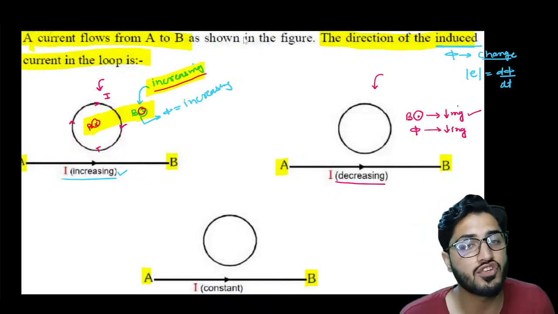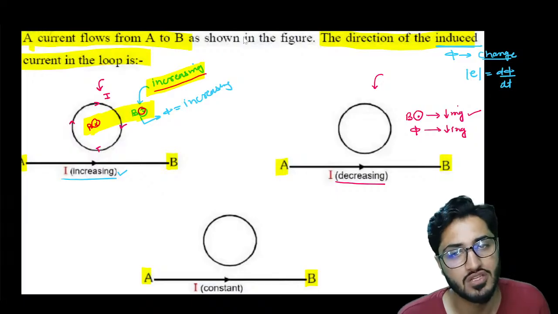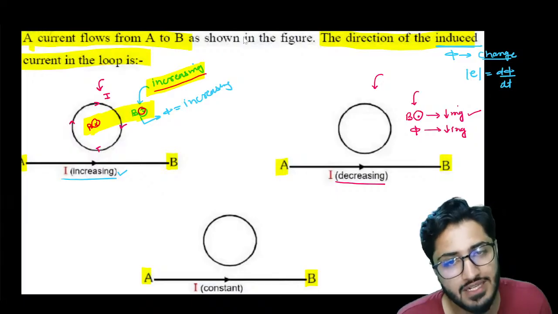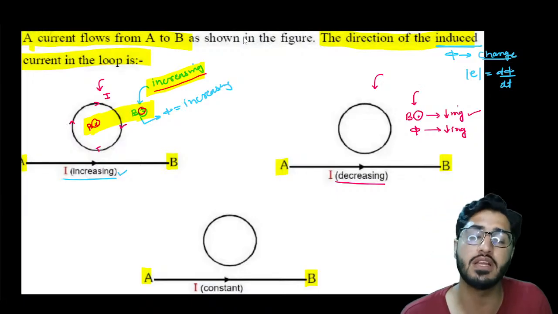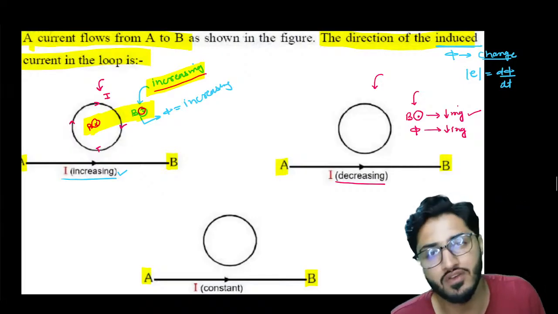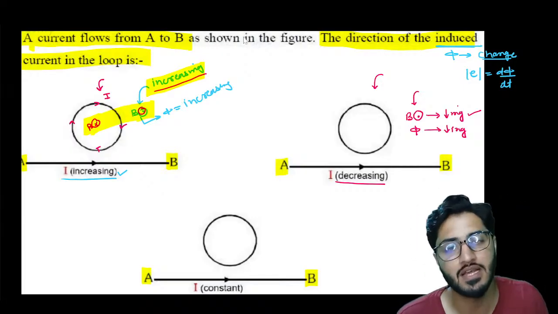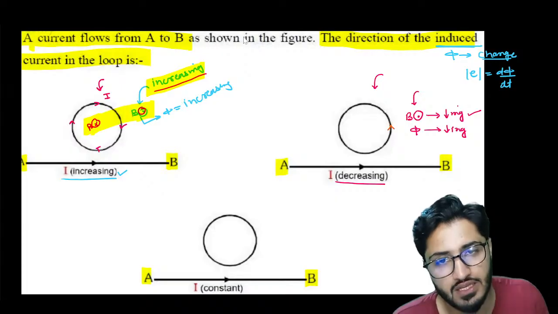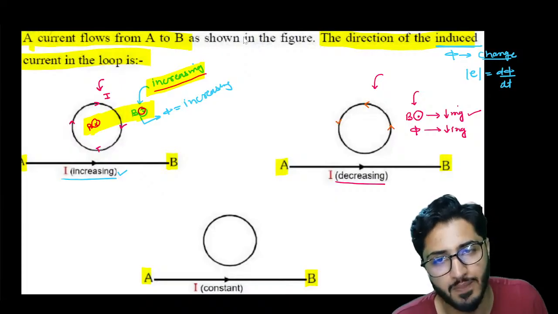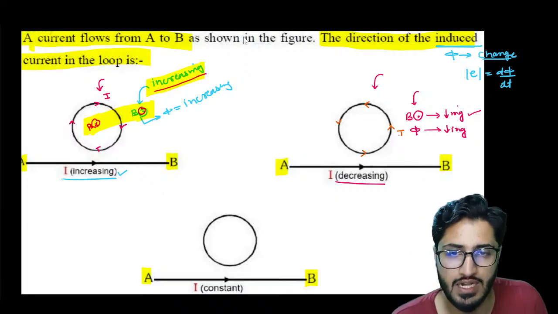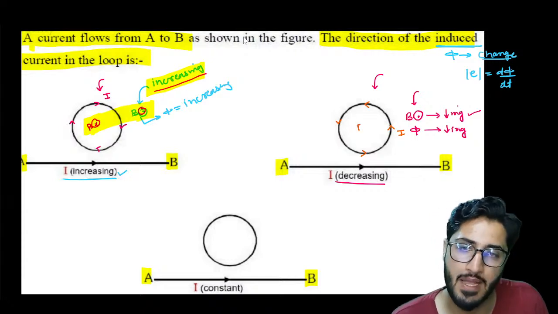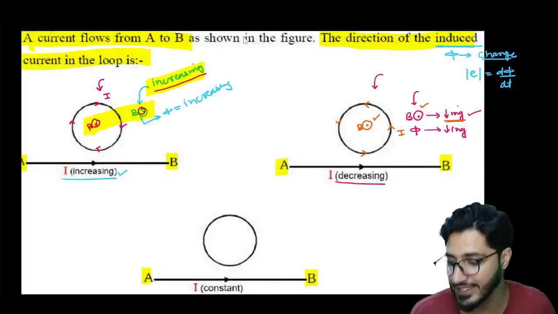What is the opposition of decreasing? Increasing. So how to get the increment? The magnetic field will be in the same direction. You can take your right hand and you will get that my current should flow anti-clockwise, and B will be outwards. Both outwards, that will try to increase this according to Lenz's law.